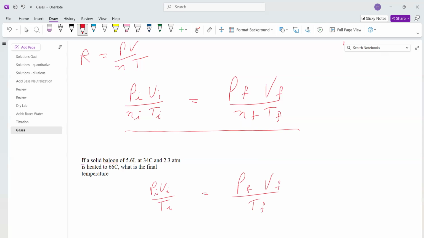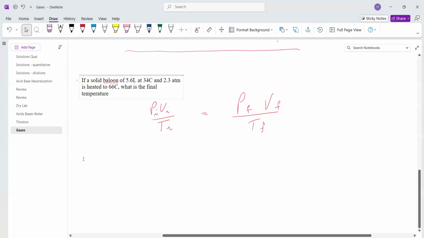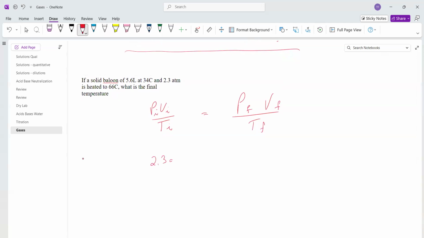Okay, the initial conditions for pressure is 2.3. The volume.